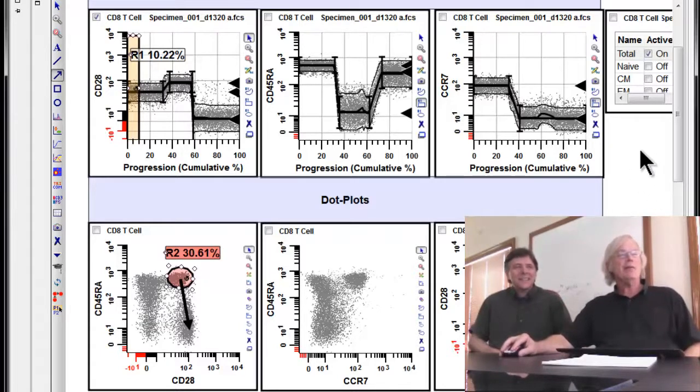So the nice thing is that after the system has done the modeling, it knows exactly where CD45RA downregulates. So we can tell the system with what we call zones to color the dots between the beginning of the progression to the point where CD45RA just begins to downregulate, and we can call that naive.